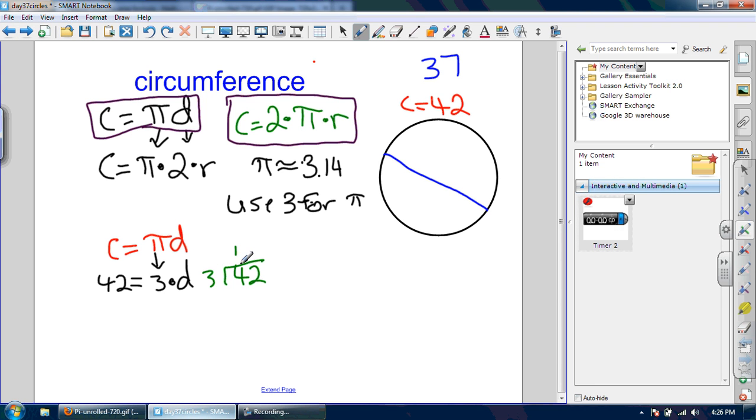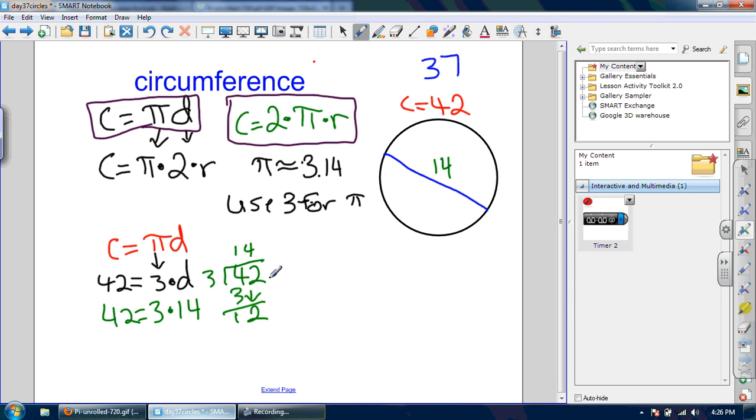So this gives us 1, 3, 1. Bring down the 2. 3 goes into 12 4 times. So maybe the diameter equals 14. Well, let's try it. Does 3 times 14 equal 42? Yes, it does. This is exactly right. Our diameter right here is 14.